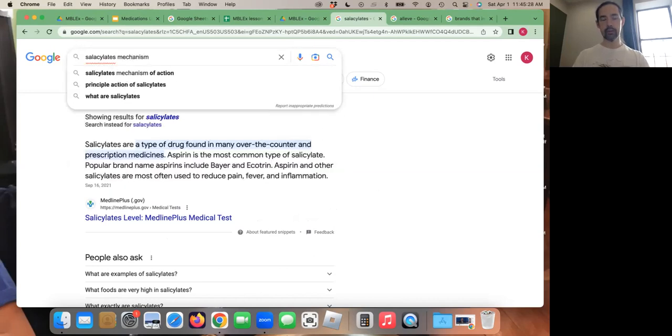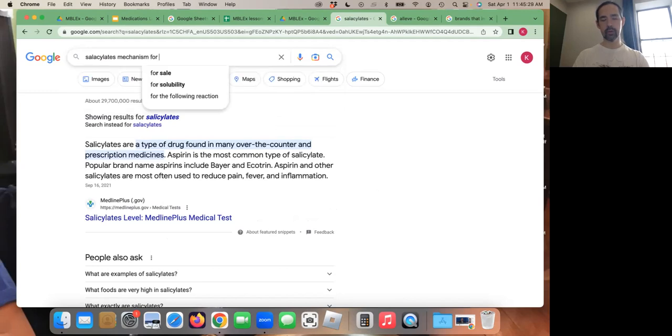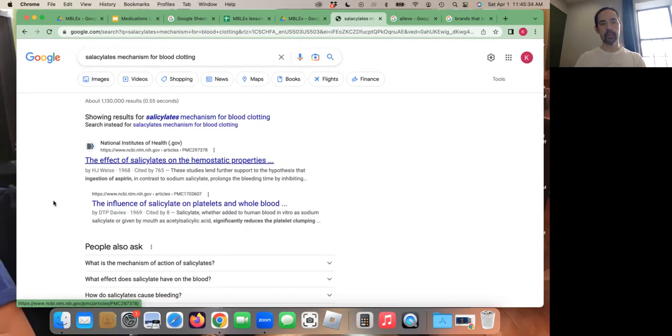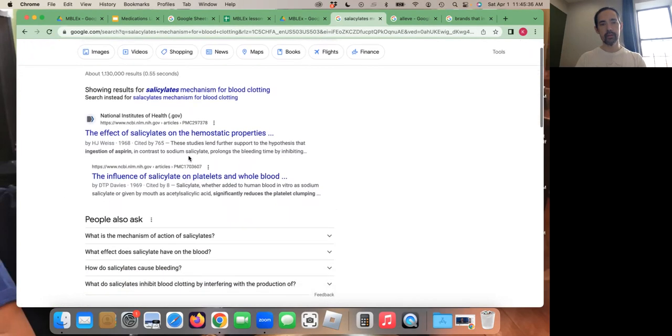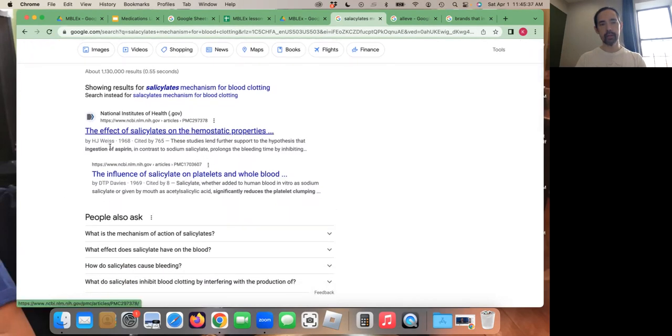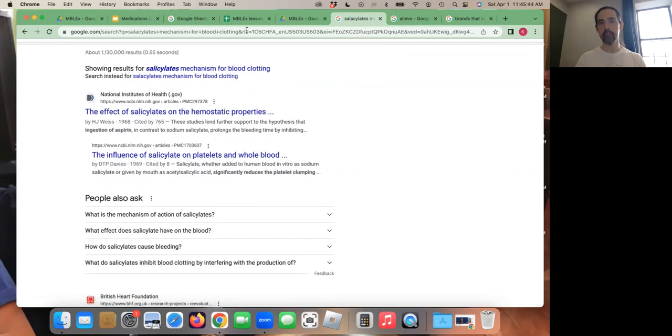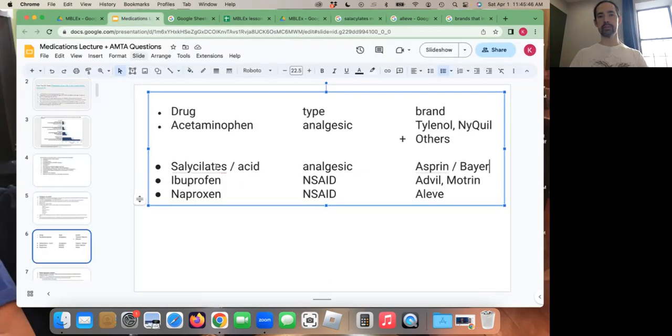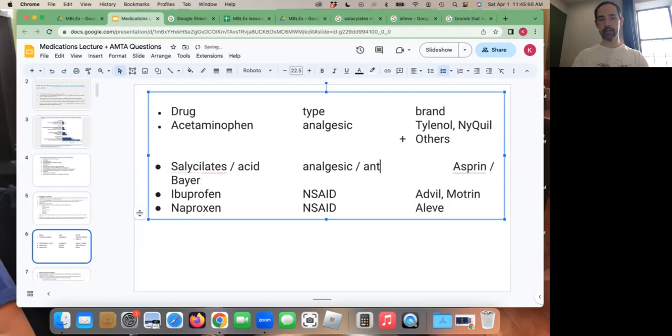They also have a mechanism for blood clotting. Salicylates also reduce platelet clumping. So salicylates are an analgesic and anticoagulant.